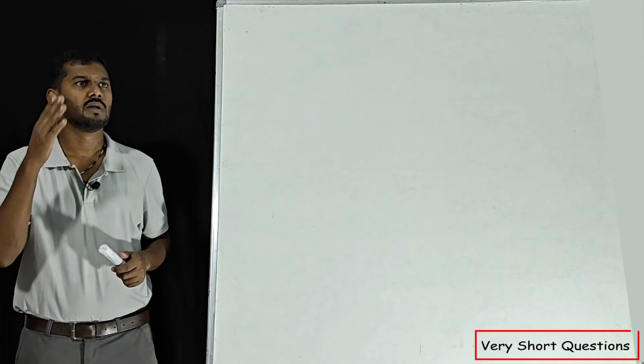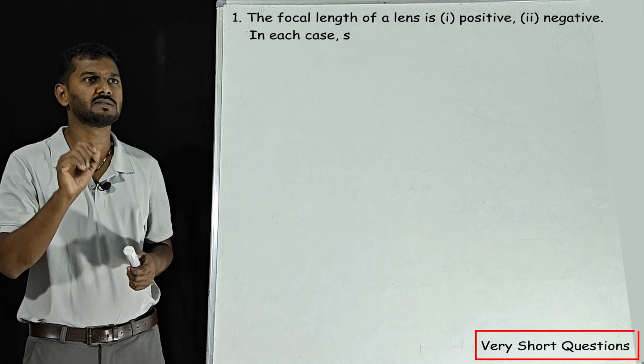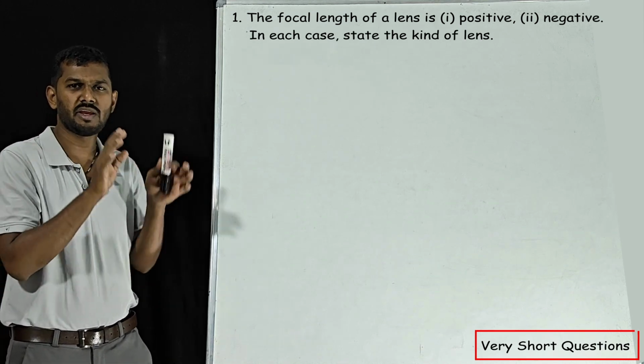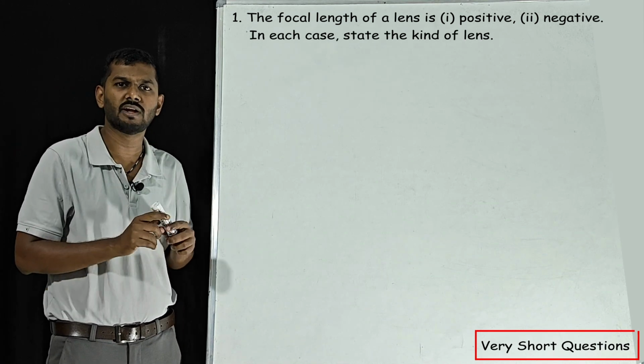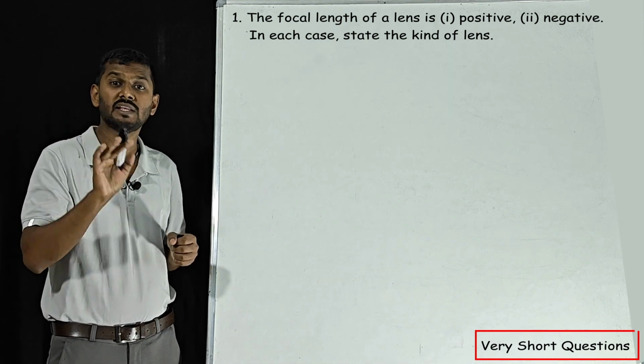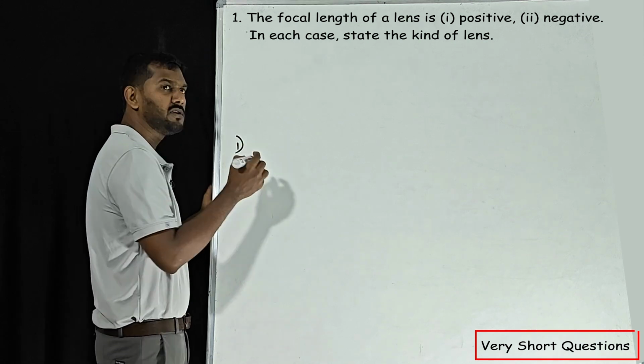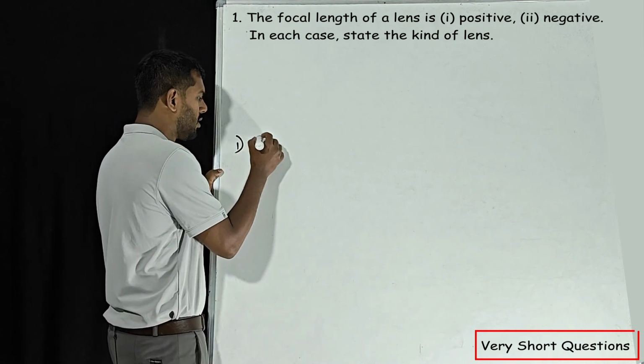Our first question, the focal length of a lens is positive, negative. In each case, state the kind of lens. This is a very simple question, correct? This is what we have learnt in the concept video. When it comes to focal length, it is always positive for a convex lens. The first one they are talking about is positive, correct?